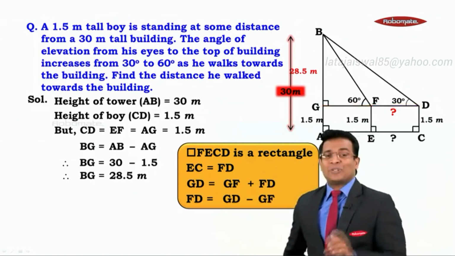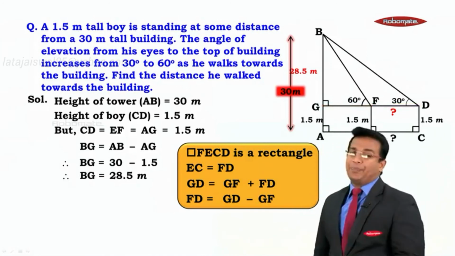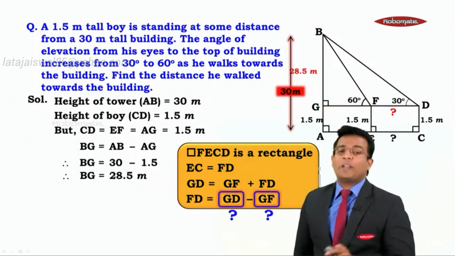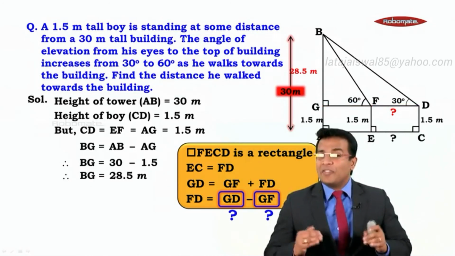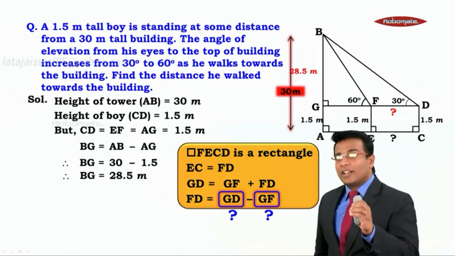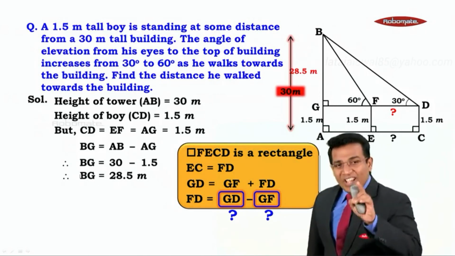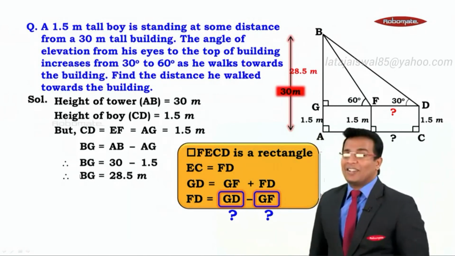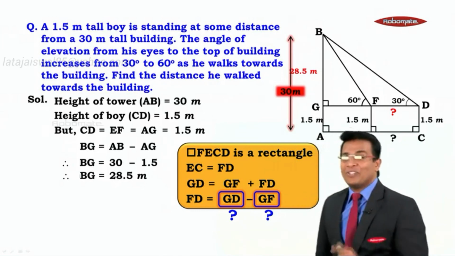So my dear students, what I want you to understand is, in this sum, if you want the value of FD, there are two things we need to obtain: the value of GD and the value of GF. If we get these, we'll get the sum. Now I'm giving you a hint and you're going to solve it on your own. GF is a part of triangle BGF, so apply the trigonometric ratio there and you'll get the value of GF.